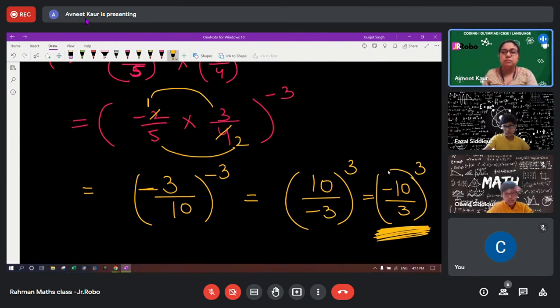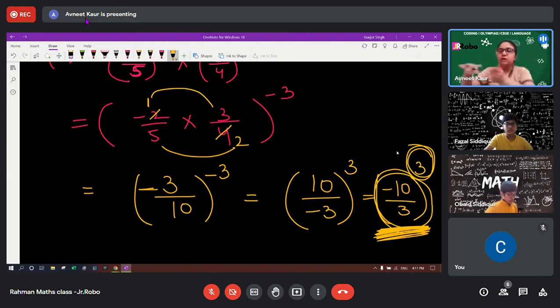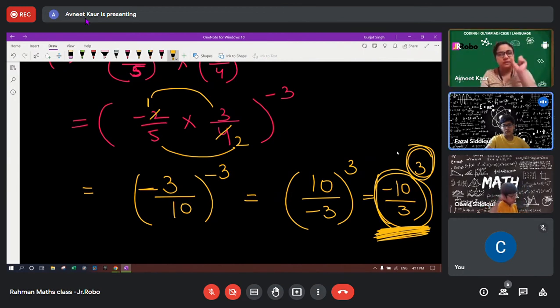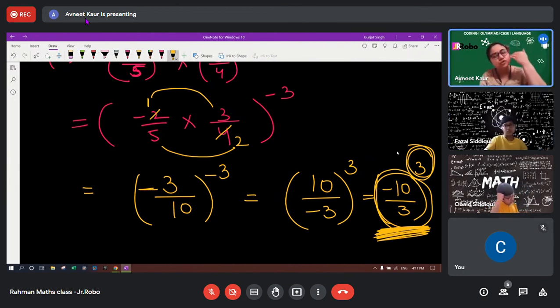See, some base is there and some power is there. Only one power is there. It's not like one number has a different power and another number has a different power. No, only one power of the whole base. So simplify means you solve it as far as you can, and express it in single power means your ultimate answer should have only one power.